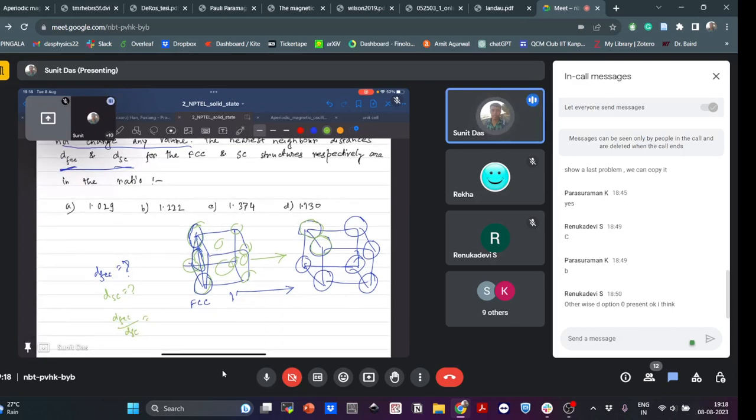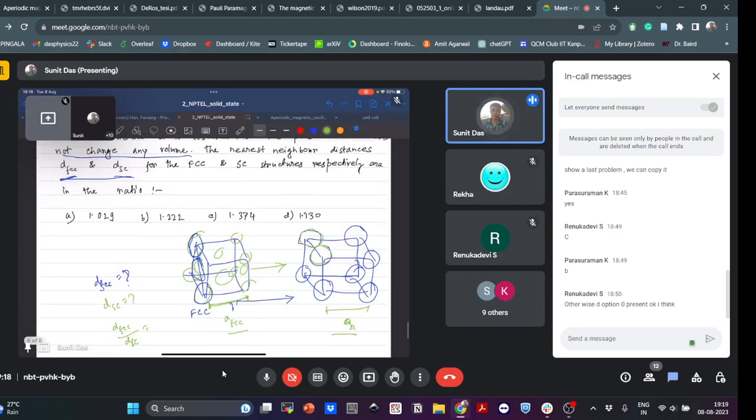What you will get is some kind of answer in terms of lattice dimension. AFCC is the lattice dimension for FCC, and let's say ASC for simple cubic.